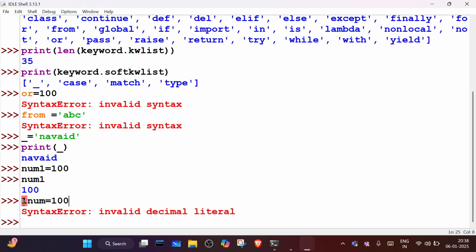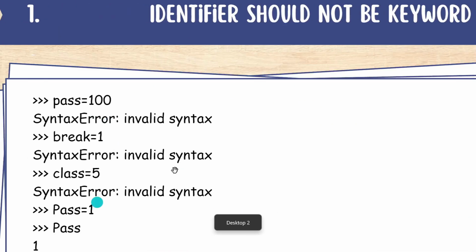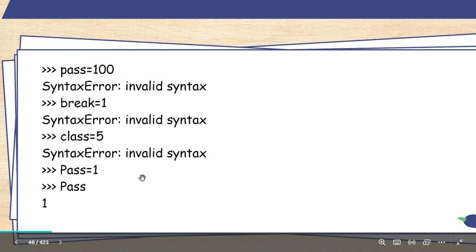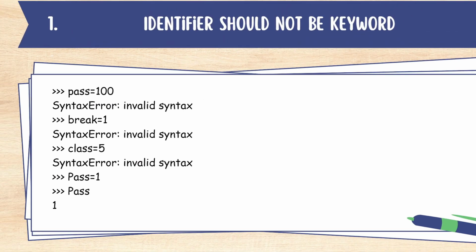Whenever you are using a combination of digits and alphabets, your variable name or identifier should not start with a digit. That's why the error is coming here.